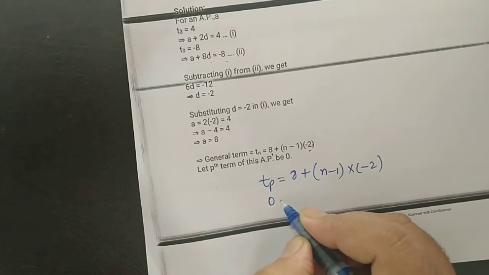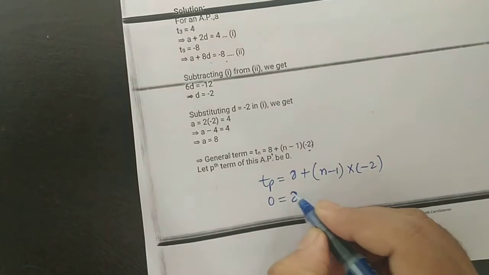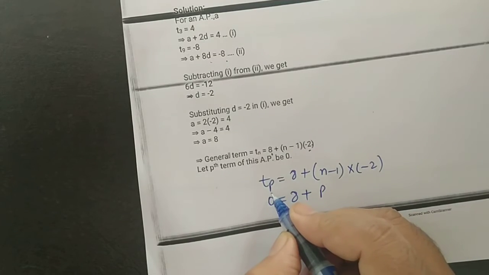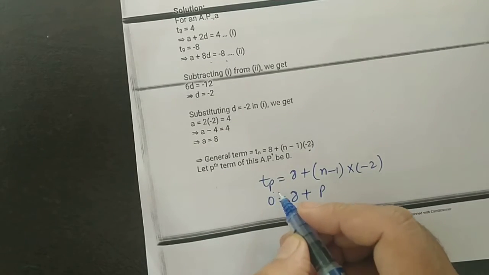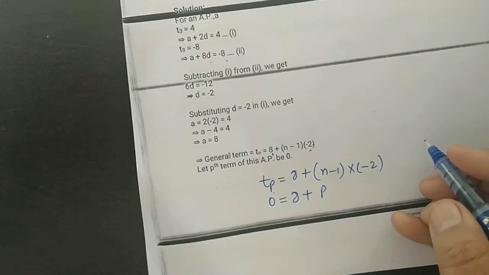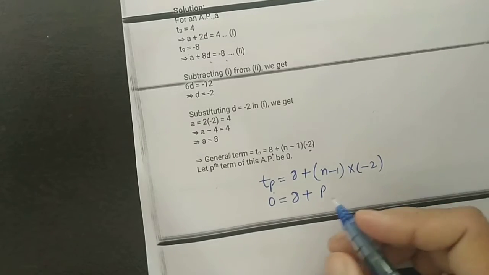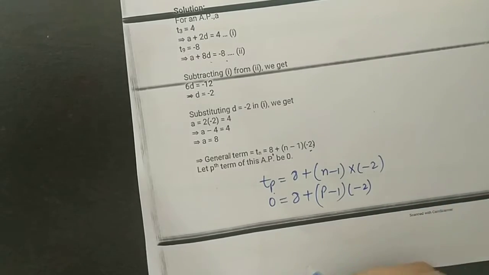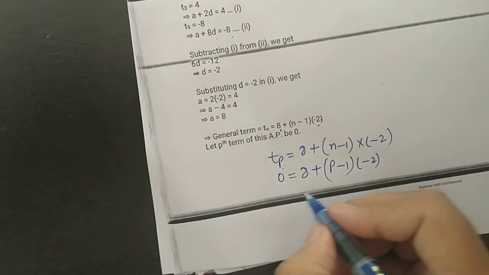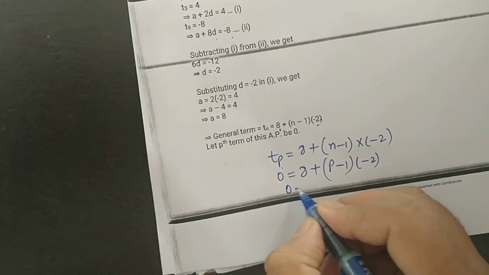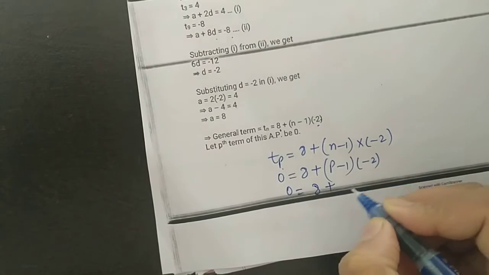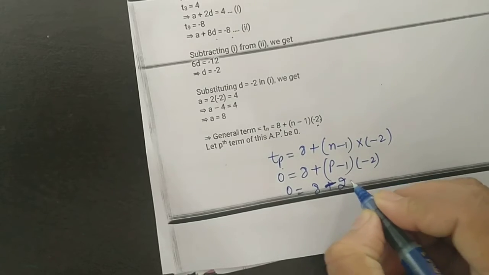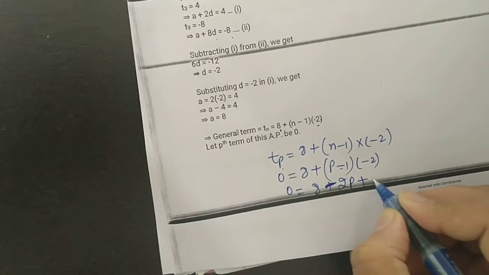Here we will put 0. So 8 plus, in place of n you will write p, because we are going to find p. You can write also here that let the pth term be 0. So p minus 1 into minus 2, and this is 0. 8 plus minus 2p plus 2.